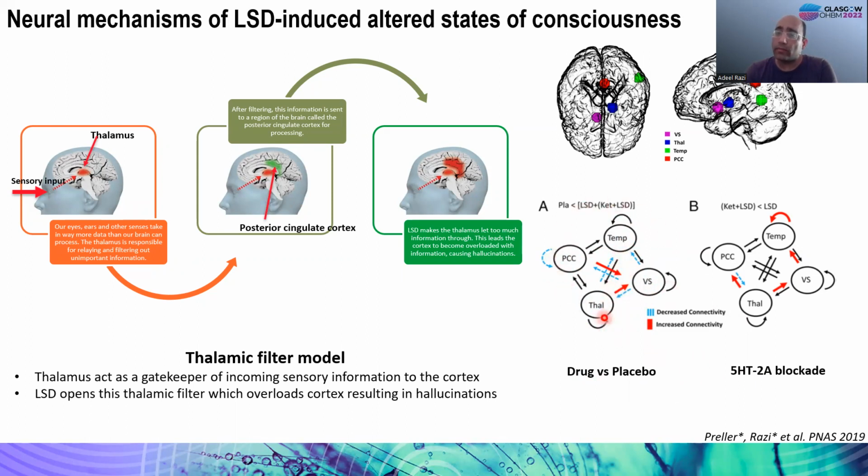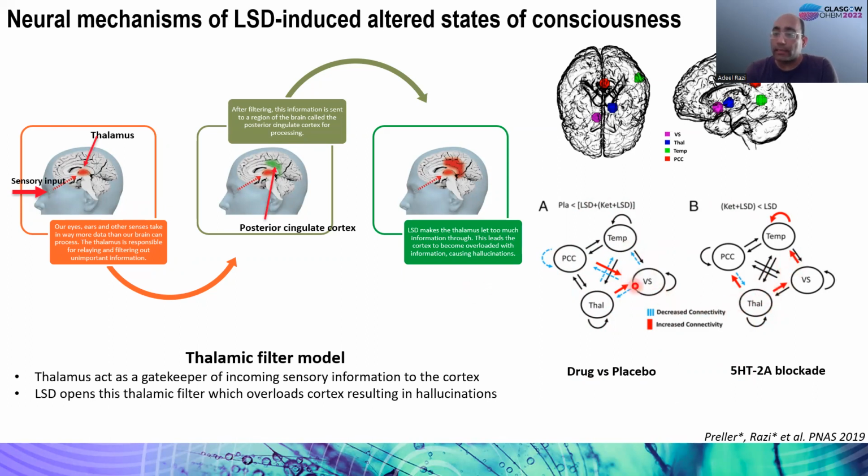This is when we compare the drug condition versus placebo. But when we compared this with the blockade condition, where we have the pre-treatment with ketanserin and then the LSD administration, we see almost the inverse of what's happening here.